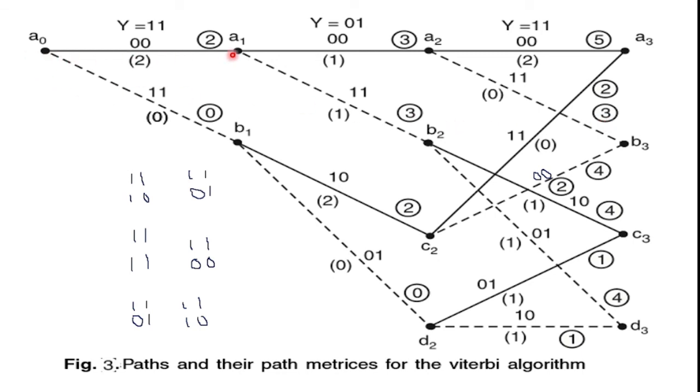And A0 to A1, A1 to B2, B2 to C3, the running path metric is adding the branch metrics 2 plus 1 plus 2 is equal to 5.